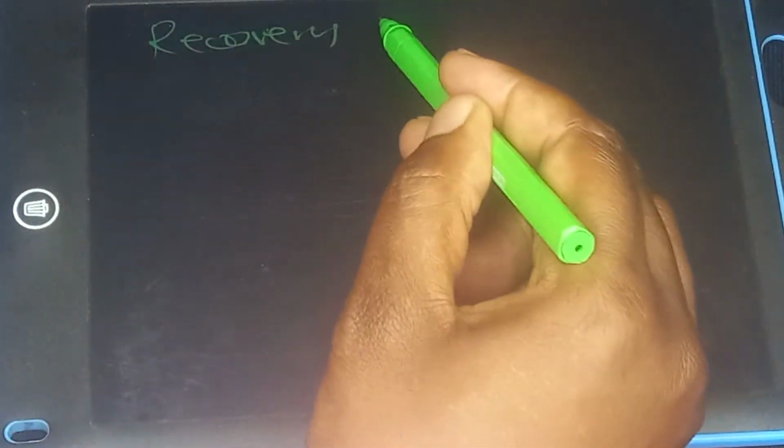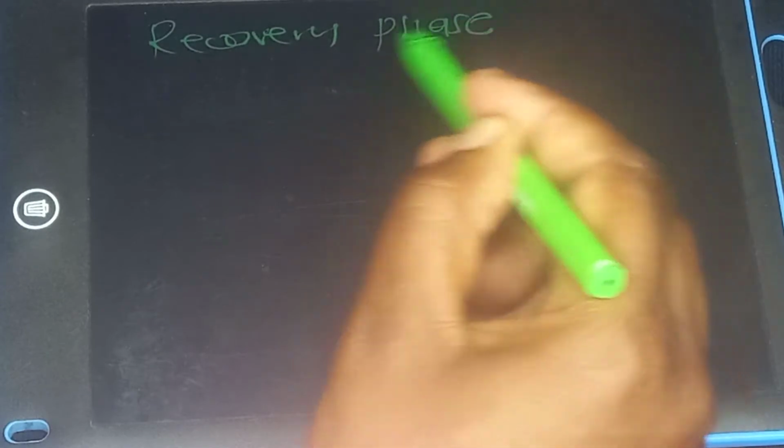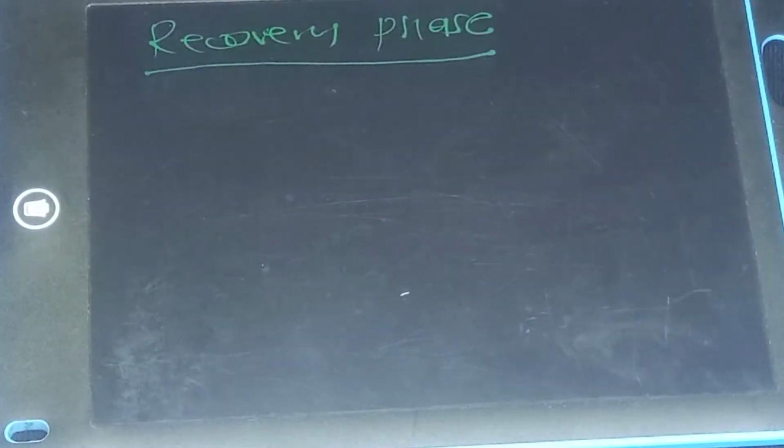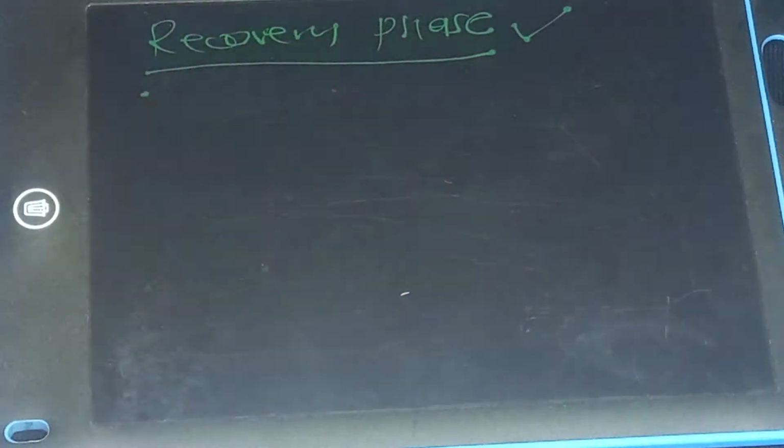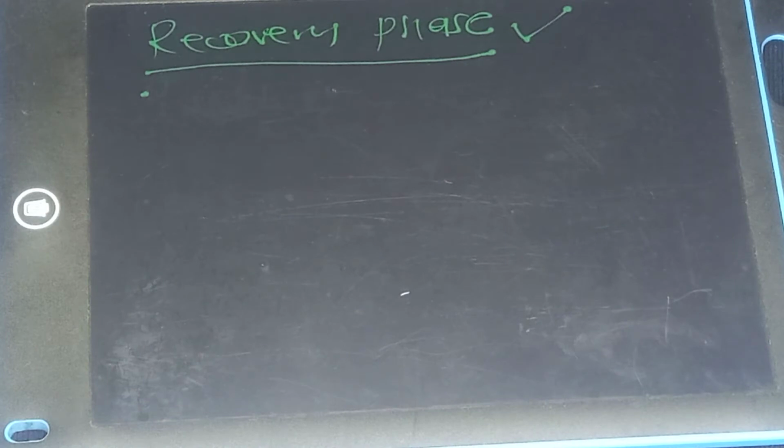Recovery phase. That's your subheading. You get 1 mark for writing that. Now, the first thing, remember, we said that we are going to write the meaning. What is the meaning for recovery phase?